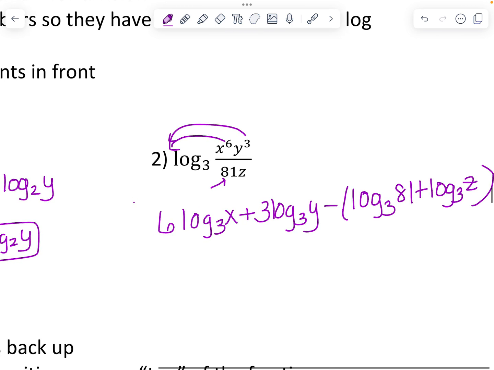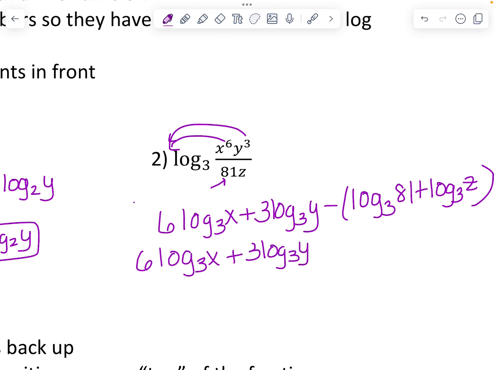Now what I don't like is that 81, because I could go ahead and change this as 3 to the 4th. So this becomes log base 3 of 3 to the 4th plus log base 3 of z.